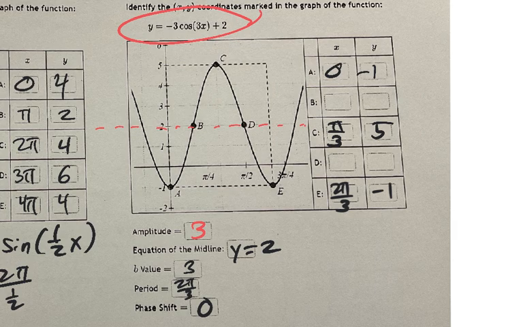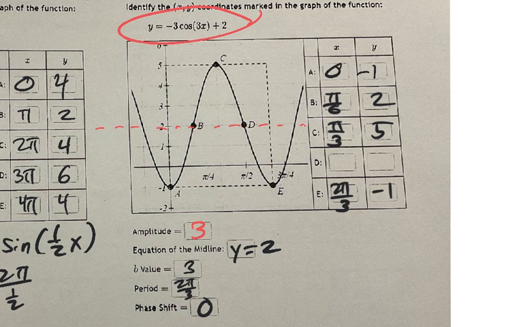Let's find the B value. Well, if this is pi over 3 to get to here, B is halfway between 0 and pi over 3, which is 1/6, which is pi over 6. So this would be pi over 6. Y coordinate is 2.